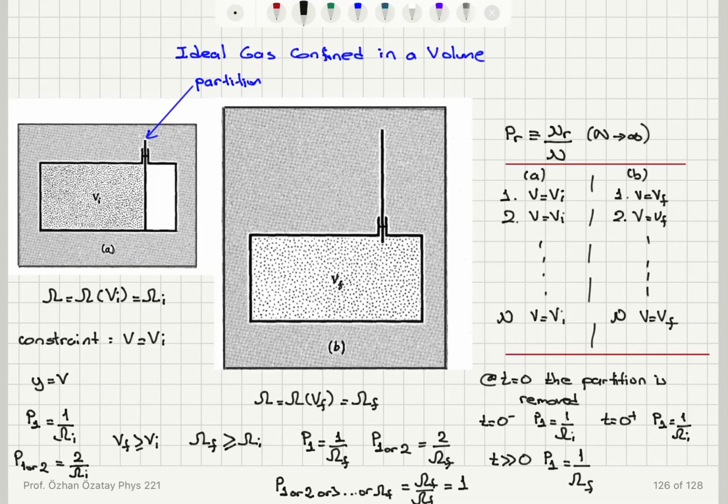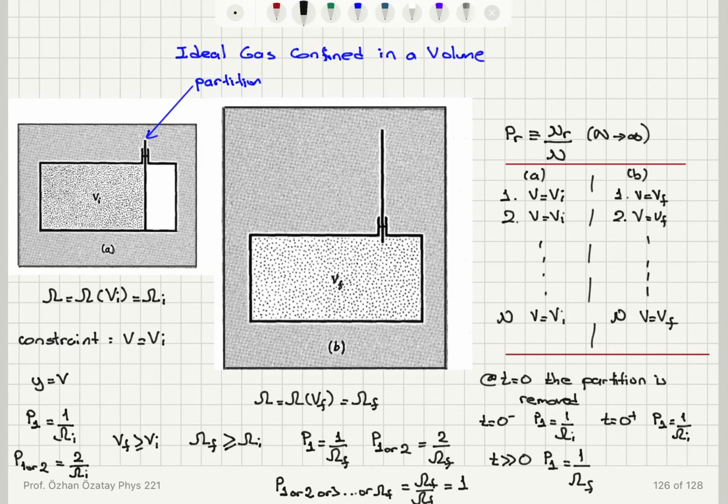We have shown this for ideal gas confined in a volume. The constraint was that the volume is fixed to be Vi, where we have at equilibrium 1 over omega I probability for each accessible state. When the partition is removed, a new constraint is installed. V final is the volume of the system, and that means at equilibrium we will have probability 1 over omega final for each accessible state.